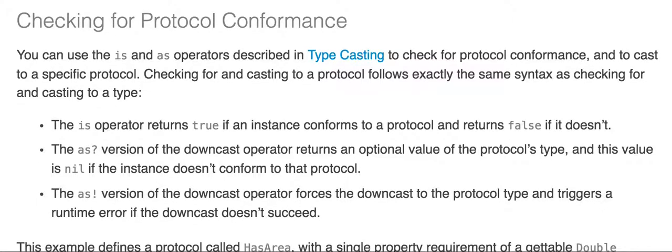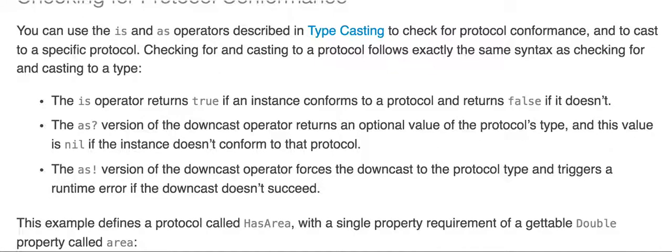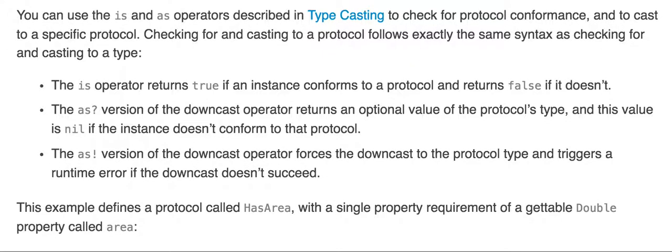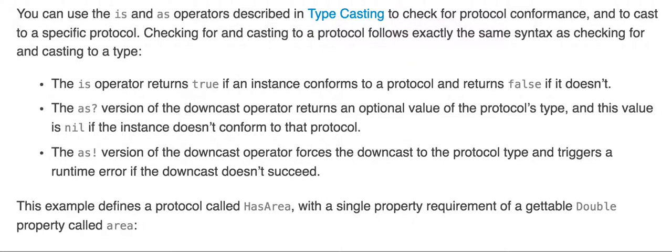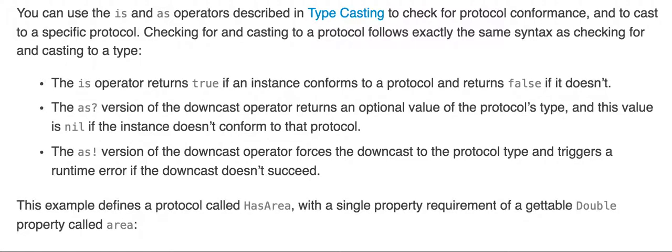Checking for protocol conformance. You can use the is and as operators described in typecasting to check for protocol conformance and to cast to a specific protocol. Checking for and casting to a protocol follows exactly the same syntax as checking for and casting to a type. The is operator returns true if an instance conforms to the protocol and false if it doesn't.